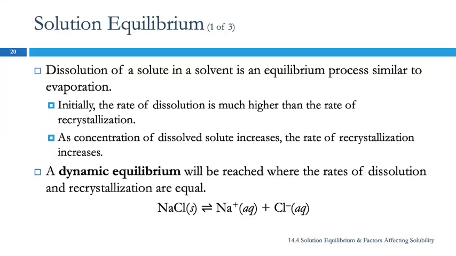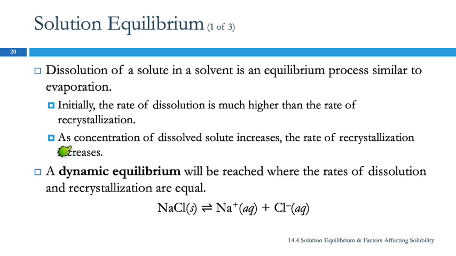A solute dissolving in a solvent is an equilibrium process. It's actually much like the process of evaporation. Initially, we have the solute dissolving, and we don't have any recrystallization because there aren't any ions in the solution to recrystallize.